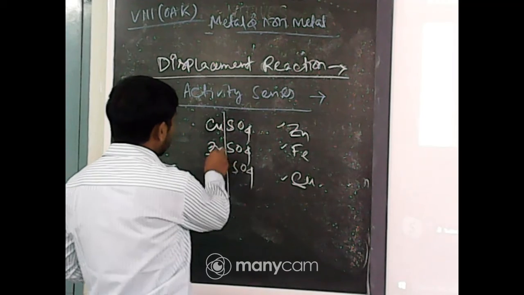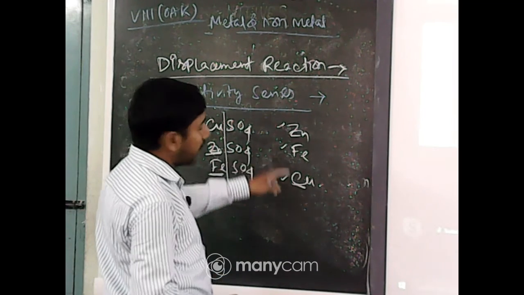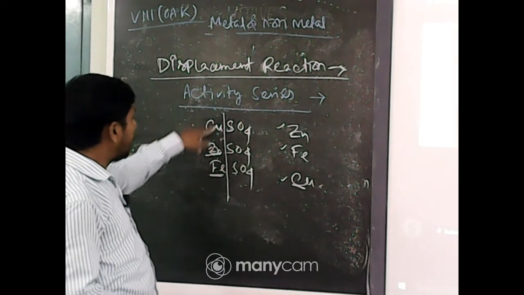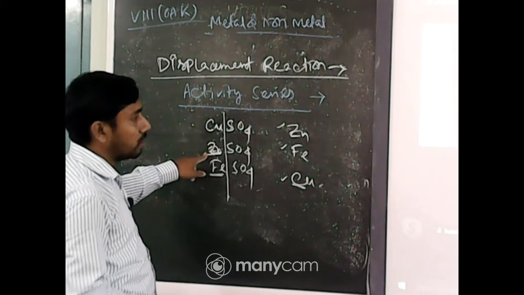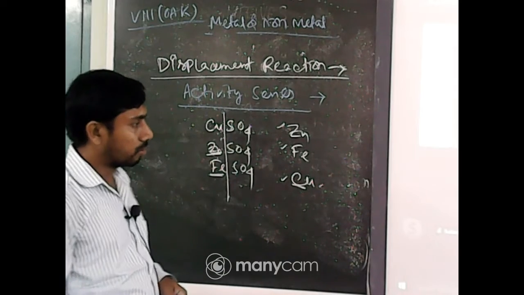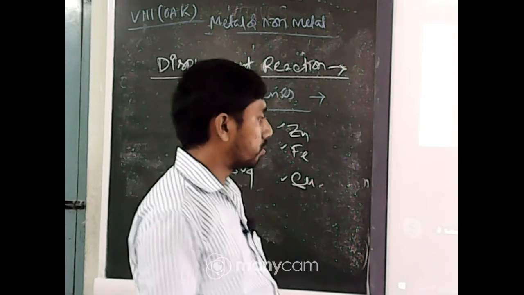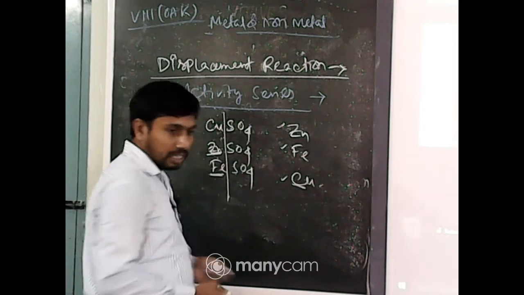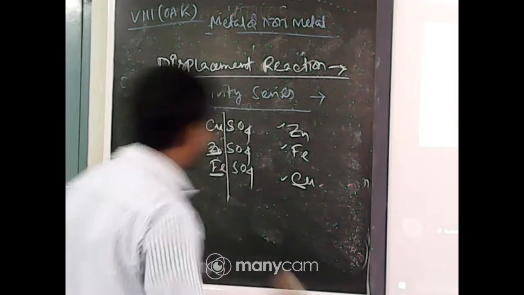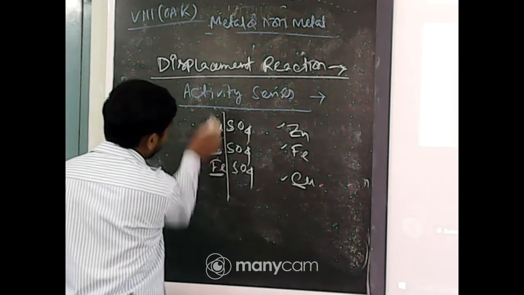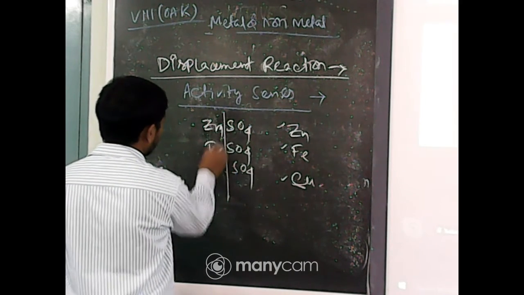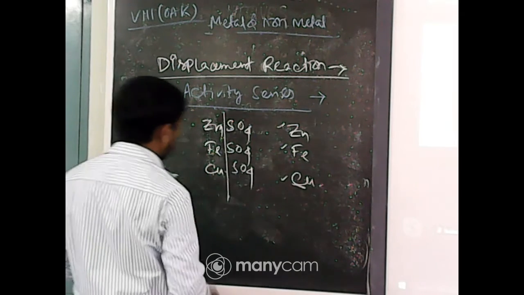Zinc can displace iron and copper from its salt, and iron can displace copper from its salt but not zinc. So here I am writing these in proper sequence: first zinc sulfate, then iron sulfate and copper sulfate.